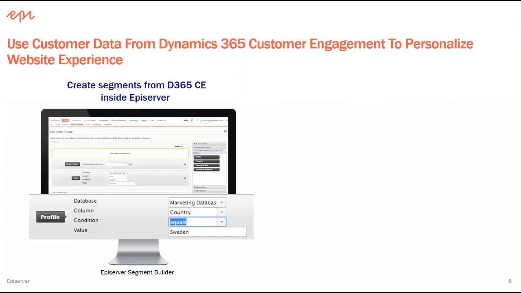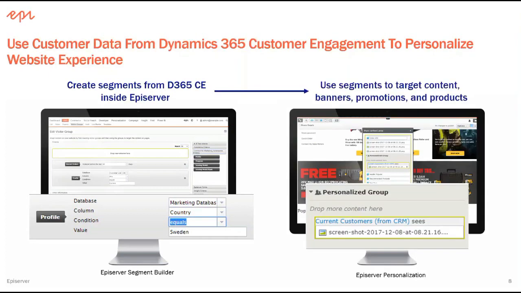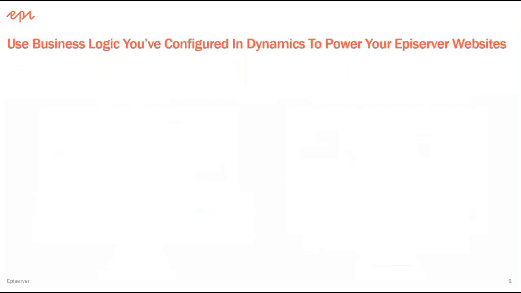What you're seeing on the left here is just our version of a segment builder, where you can reach into your CRM or F&O install and grab customer data and create segments within Episerver, then personalize what those customers see when they come to the website, whether that be a banner, a promotion, a product recommendation. This is allowing the segmentation that you've already done in these applications to power the website. And modern digital experience platforms are now able to consume this data and do something valuable and meaningful with it.